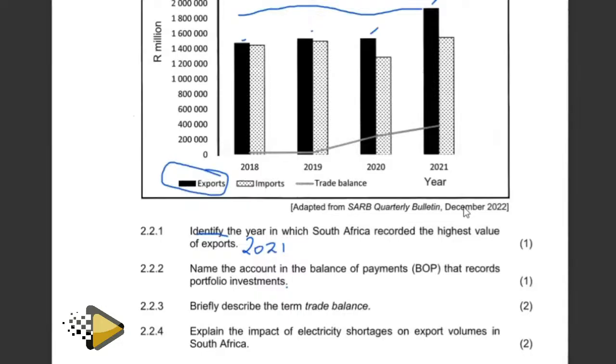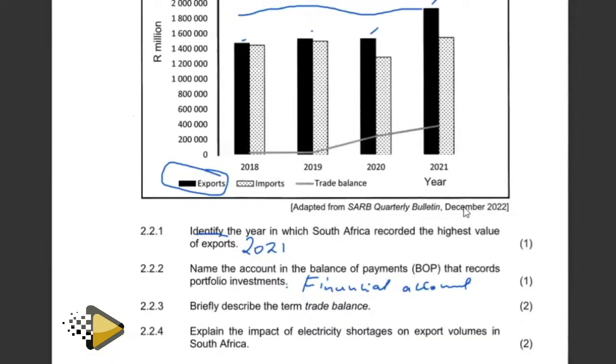Okay, right. So now moving on to the next question, we have 2.2.2, and 2.2.2 reads as follows. Name the account in the balance of payments that records portfolio investment. If you still remember grade 12, the only account under which we can record the portfolio investment is the financial account of the balance of payments.